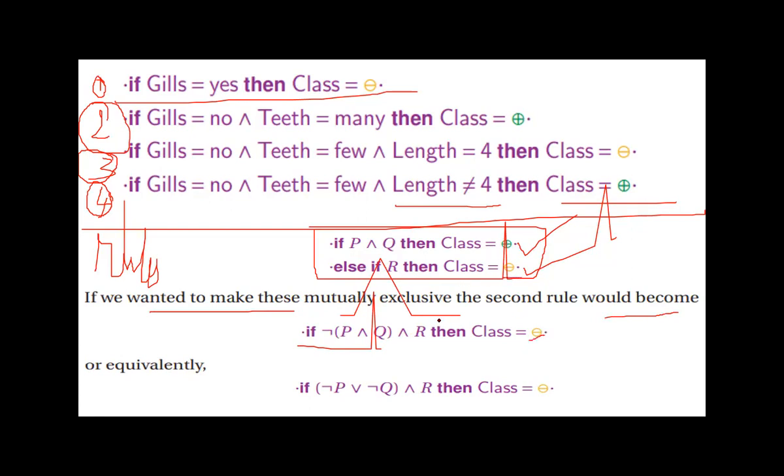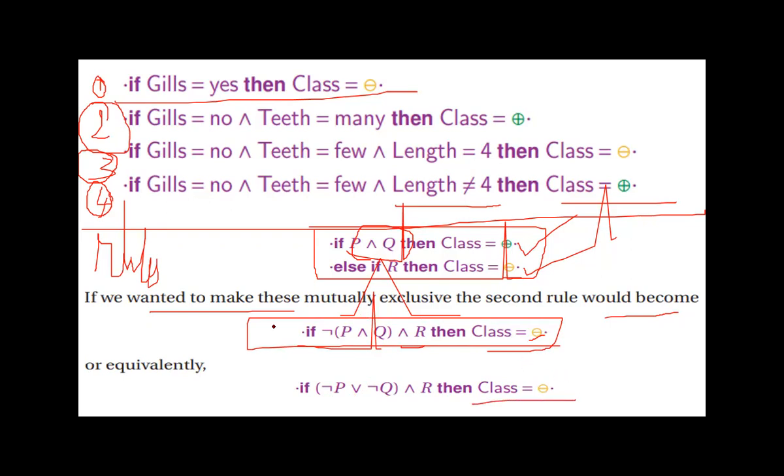When does negative happen? It should be the else part. What is the else part of P and Q? Not of P and Q, and R, then only this becomes class negative. Or, if we apply De Morgan laws onto this, it becomes not P or not Q, and R, then class is equal to negative.